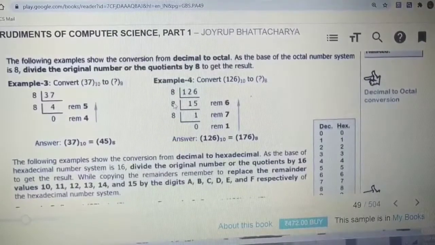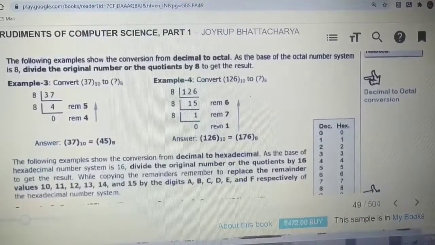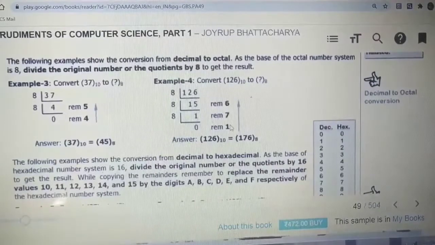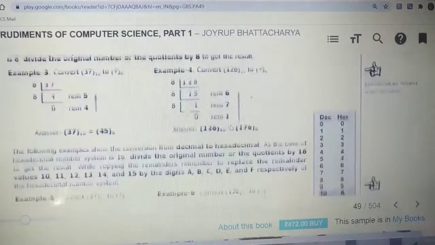Then 15: 8 1s are 8, 15 minus 8, remainder is 7. Again it is 1, we try to divide 1 by 8, so 0 is the quotient and 1 is the remainder. So bottom to top if you move, the answer is 176. So in this way we are converting the decimal number to the octal number.